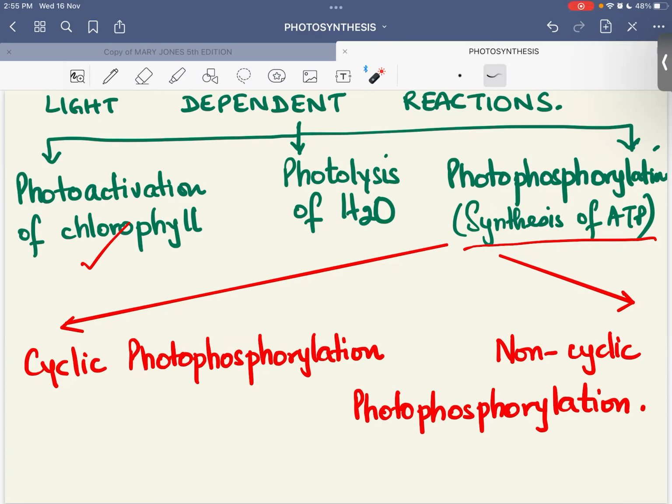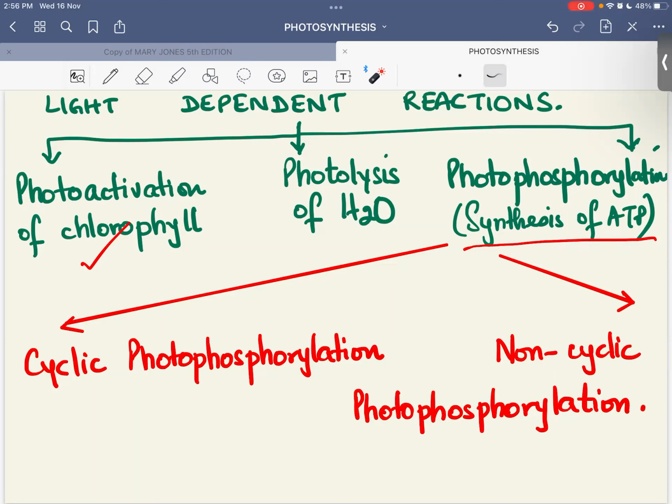Like when your H2O is split into like H plus and an oxygen molecule. What else am I missing? That's kind of what photophosphorylation is, right? When you're converting ADP into ATP by using light energy. हाँ, सही है, ठीक है, okay, fine.